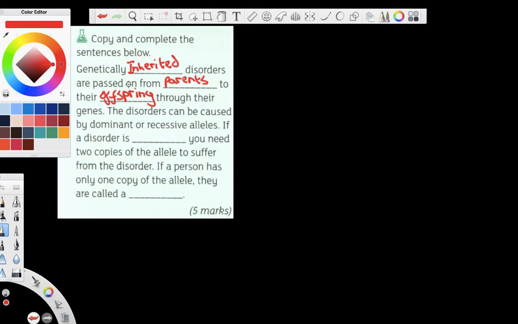The disorders can be caused by dominant or recessive alleles. If a disorder is recessive, you need 2 copies of the allele to suffer from the disorder. If a person has only 1 copy of the allele, they are called a carrier.